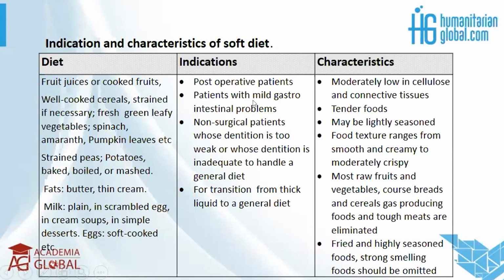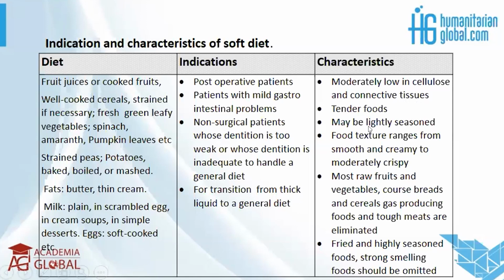Indications: it is for patients who have undergone surgery, patients with mild gastrointestinal problems, not very serious problems of the GIT, and surgical patients with dentition problems, they have problems with their teeth and cannot chew very well, and for transition from the thick liquid to a general diet. The characteristics include moderately low in cellulose, that is the fiber and connective tissues.